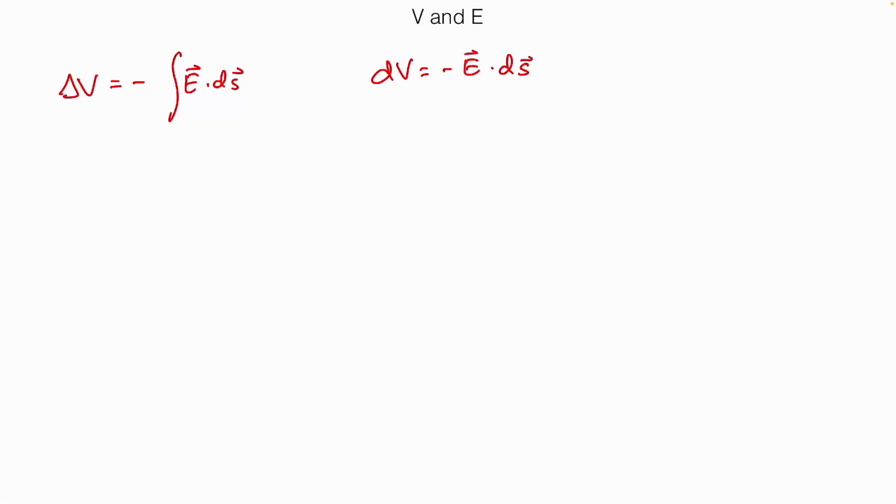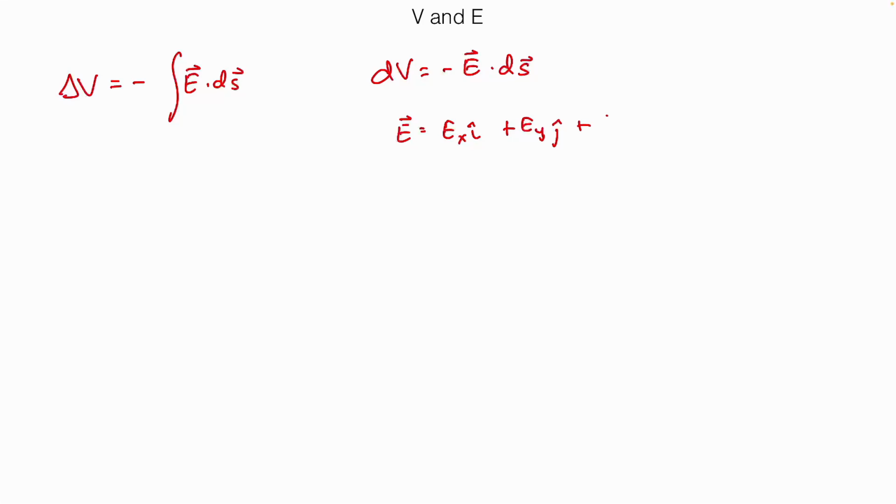Okay? In general, there's lots of different ways we could write the electric field down. Let's just do it in Cartesian coordinates. In general, an electric field can be expressed as a magnitude of the electric field in the x direction times the x direction, right? This unit vector i hat. Same thing can be said for the y direction.